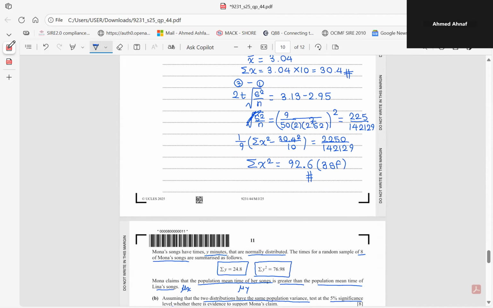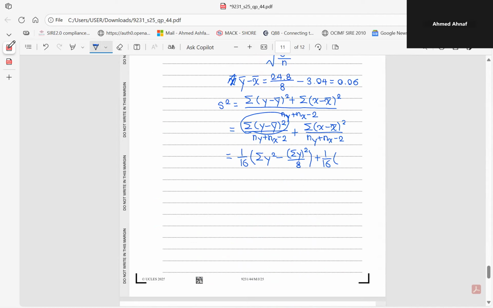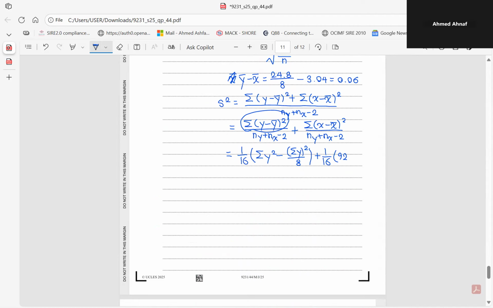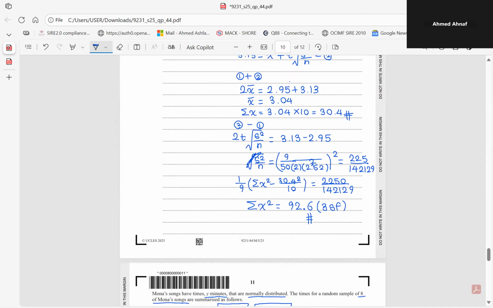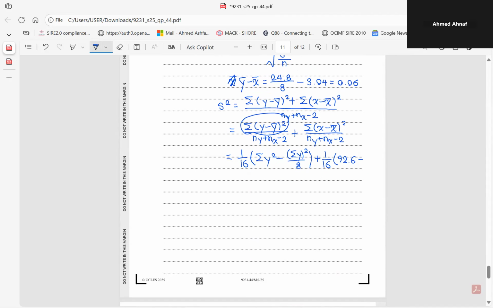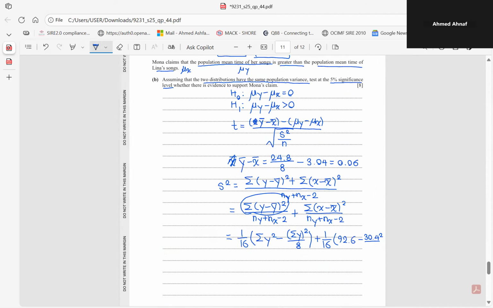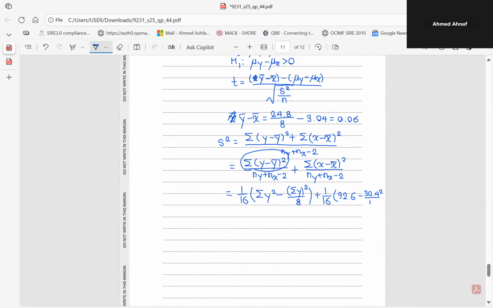Sigma x squared, that's 92.6, minus 30.4 squared over 10, right? Over 10.